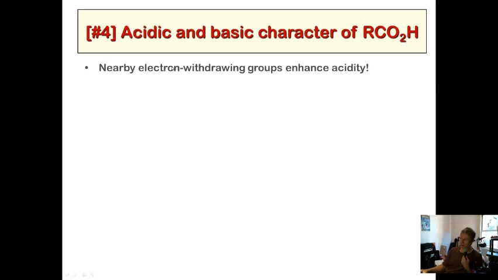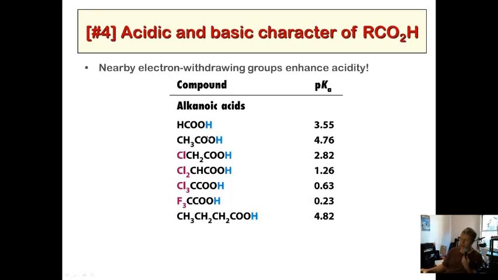Okay. Nearby electron withdrawing groups enhance acidity, make things more acidic. Let's look at a couple examples. The big one is halogens. Well, actually, let's first look at the top two.